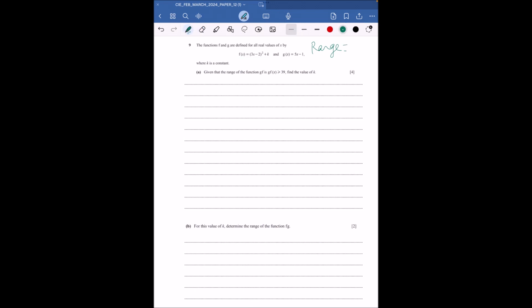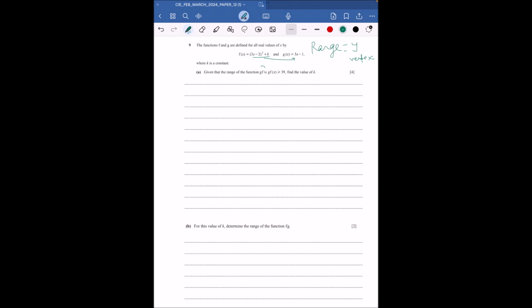Let me write it: y vertex. So we're putting f in g. Take this, put it there. Then we need the y vertex, then we equate it to 39. Then we can find k.